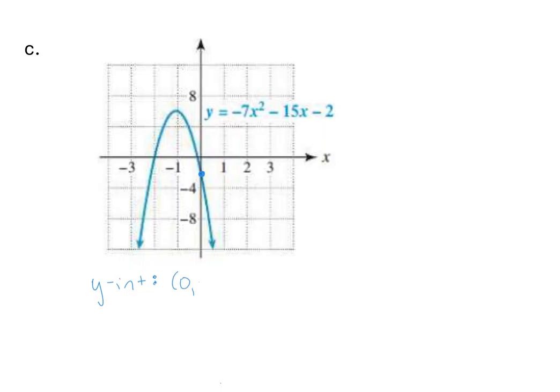So I'm going to say 0, comma, negative 2. And if we look at our equation, remember it's this constant term on the end, and that's what it is.